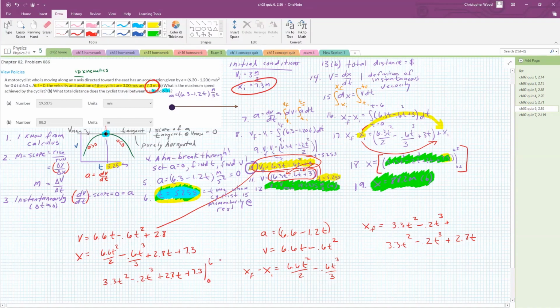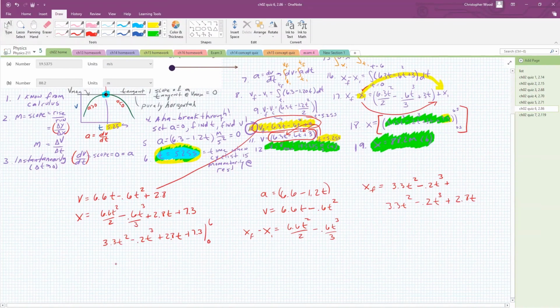Okay, so then 3.3 times 36 minus 0.2 times 6 cubed plus 2.8 times 6 plus 7.3 minus that 7.3 would be 92.4. Is that what you got? No, I got 99.7. Yeah, because you're evaluating it. When you evaluate this integral here, you would literally do it like this.